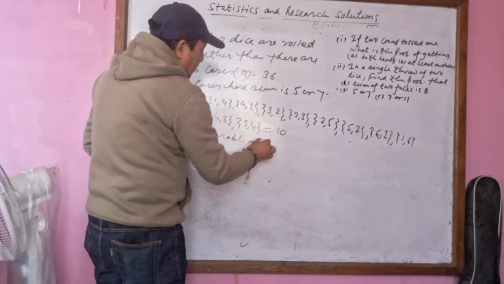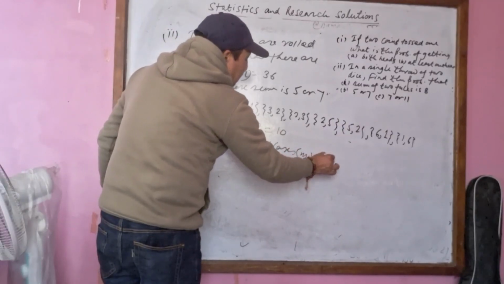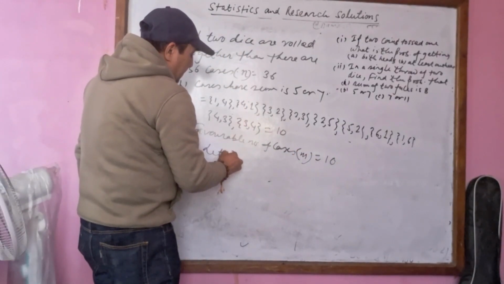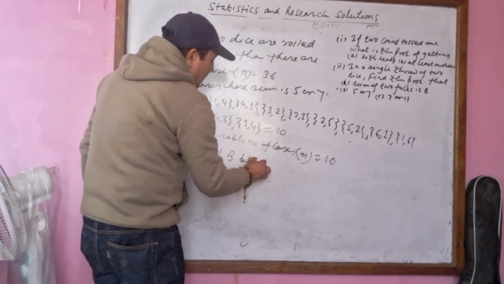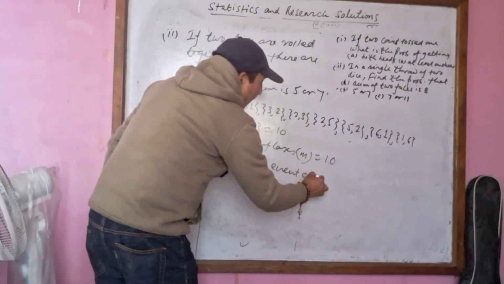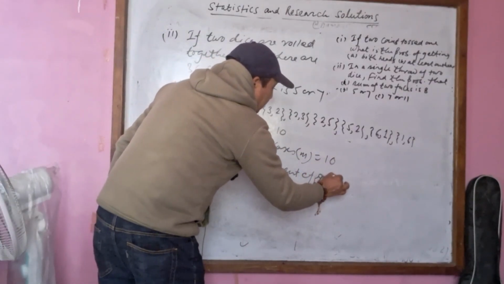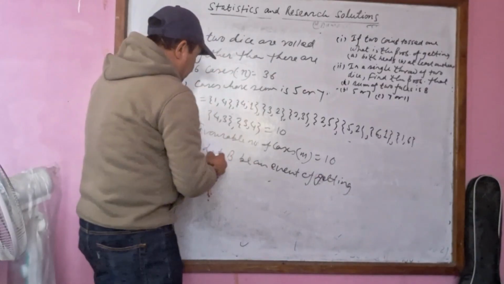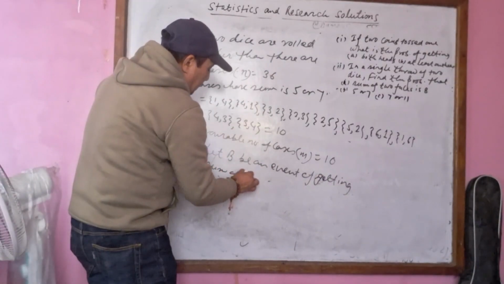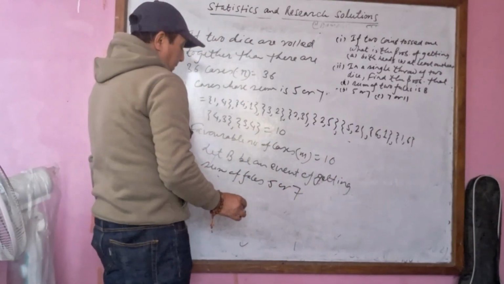So the favorable number of cases m is equal to 10. Now let B be the event of getting the sum of faces 5 or 7.